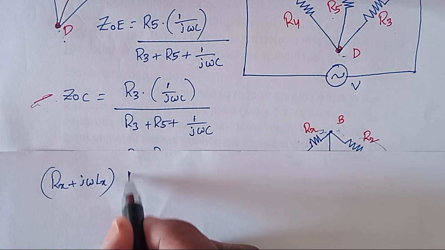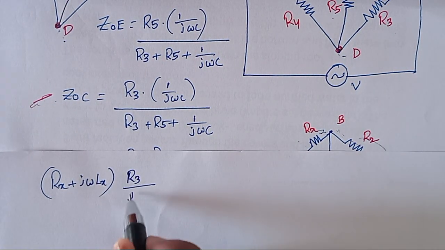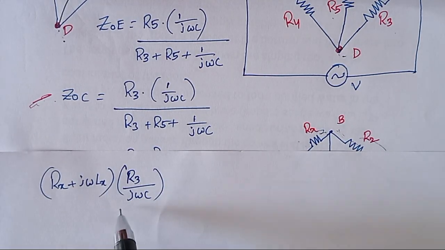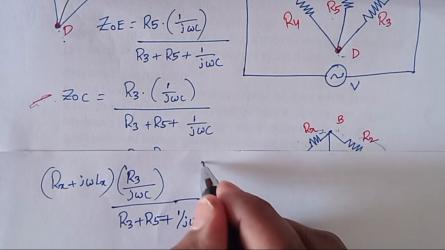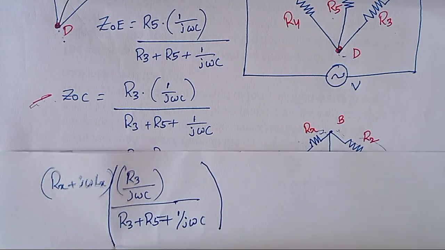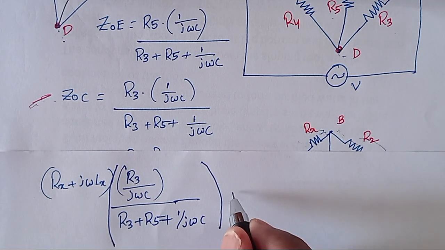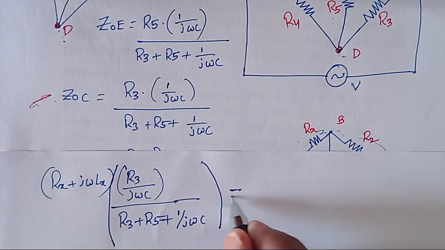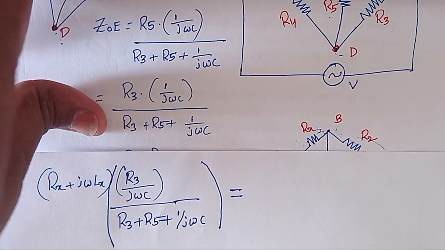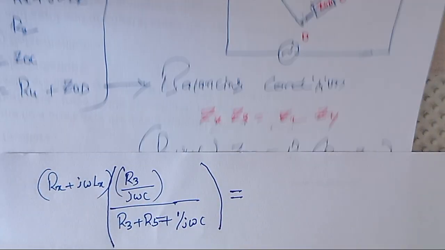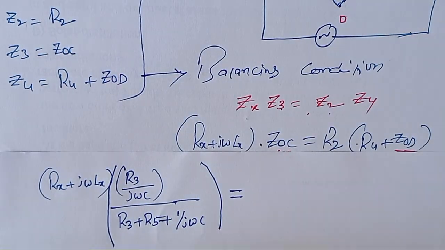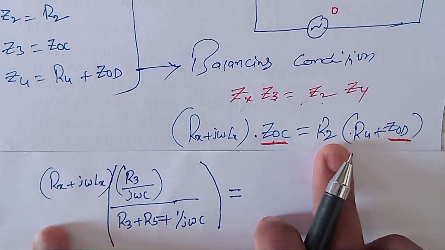ZOC means R3 by j omega C whole divided by R3 plus R5 plus 1 by j omega C. It is ZOC equal to, and the rest of the point is here, R2.